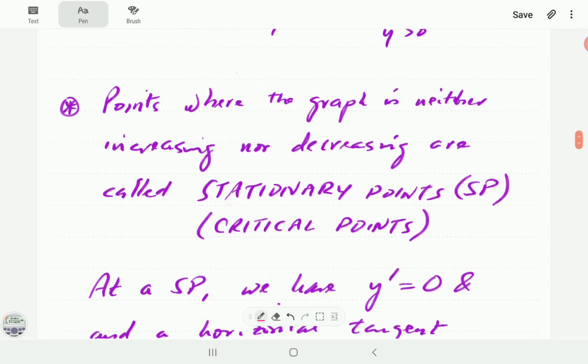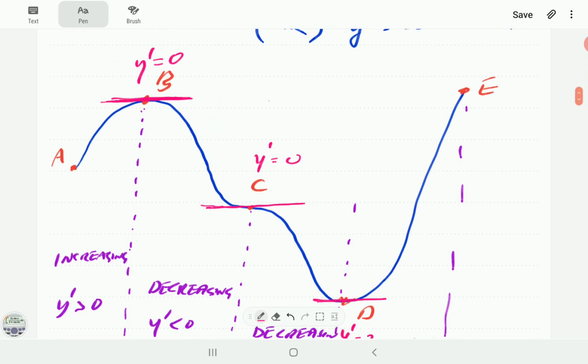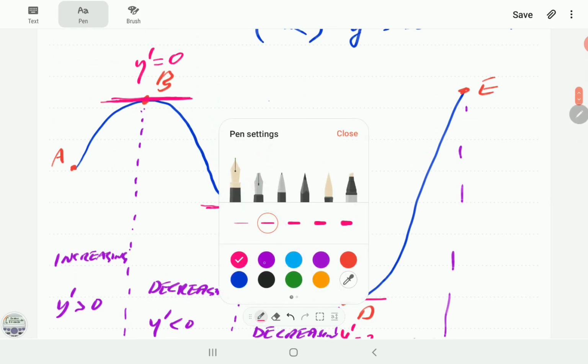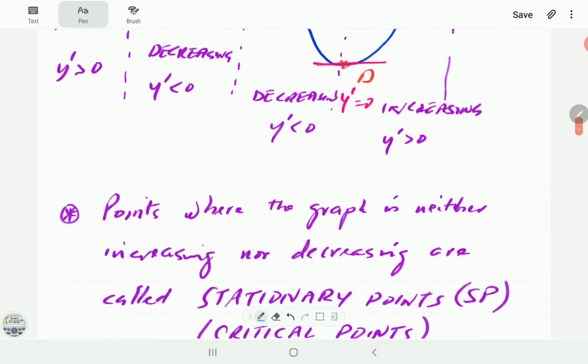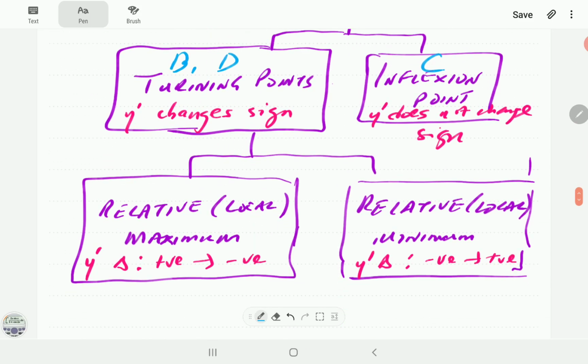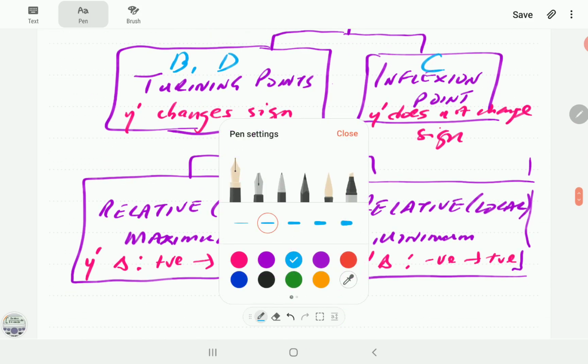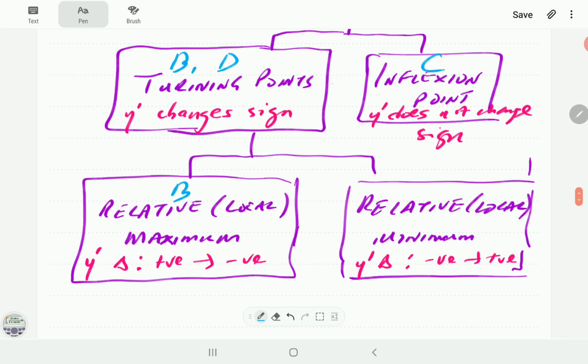So take the point B for instance. The derivative on the left hand side is positive, then on the right hand side is negative. It changes from positive to negative, so B is a relative maximum. Okay, so B is a relative maximum.